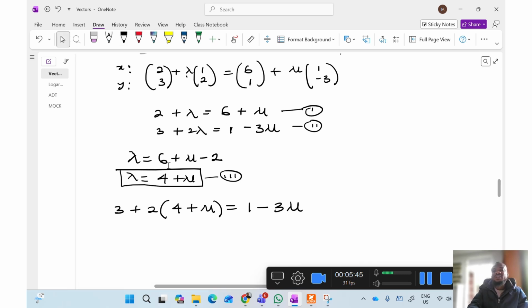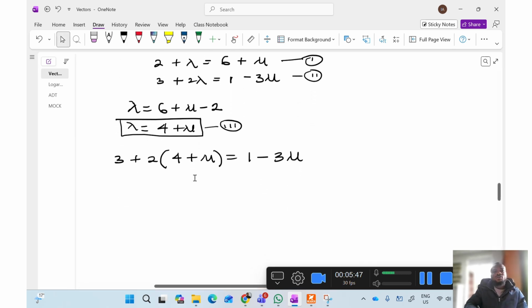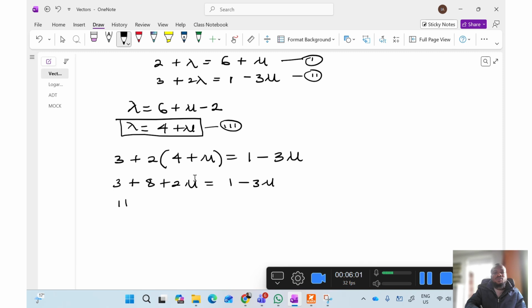With this we can find mu. So this becomes 3 plus 8 plus 2 mu is equal to 1 minus 3 mu. So 3 plus 8 is 11, plus 2 mu is equal to 1 minus 3 mu.